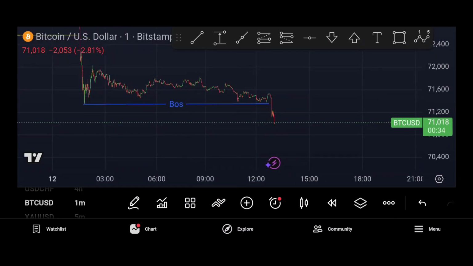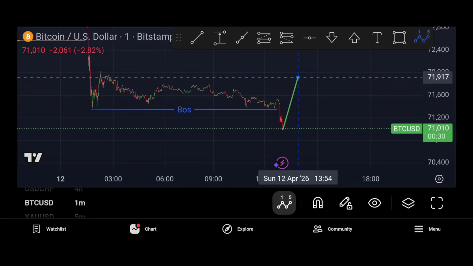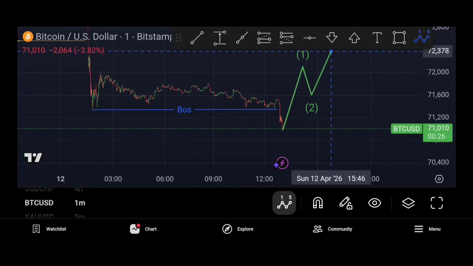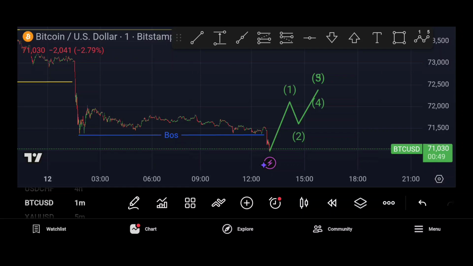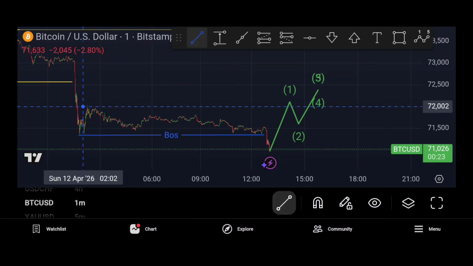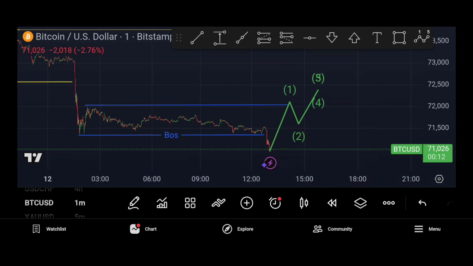Something like that. Then what do I need to see? I need to see market coming and going back, creating some kind of market structure shift. That structure shift should break our fractal. Like I said, market will have to break our lower high right there, as marked in the blue line.